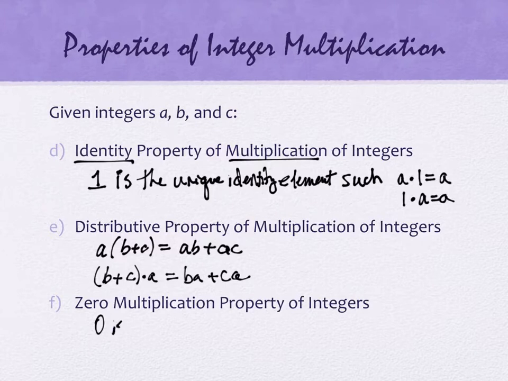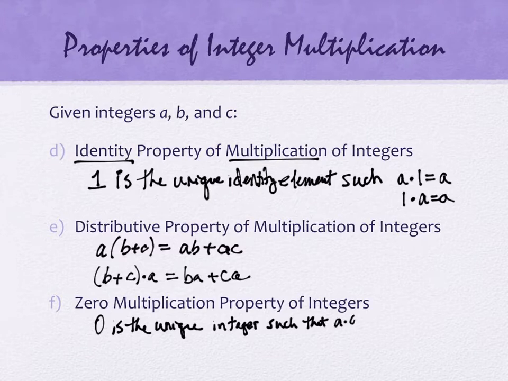So 0 is the unique integer such that A times 0 equals 0 times A, which is what? 0. When I multiply by the multiplicative 0, I get 0.